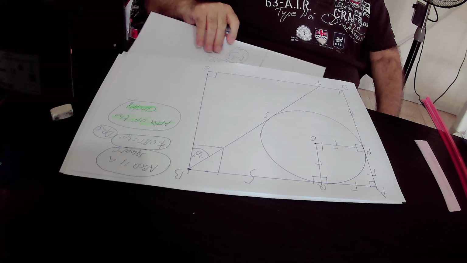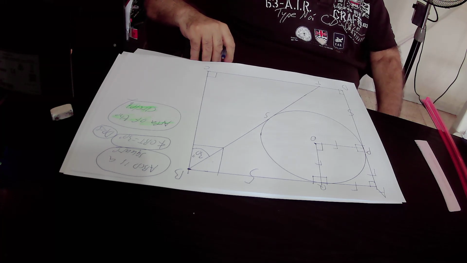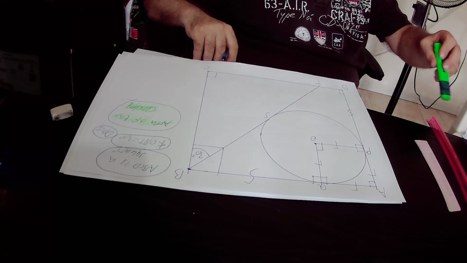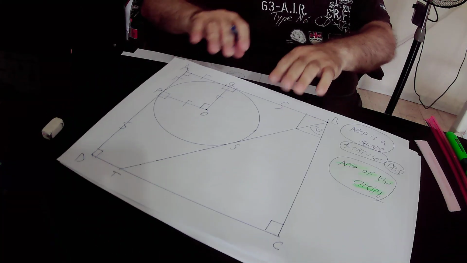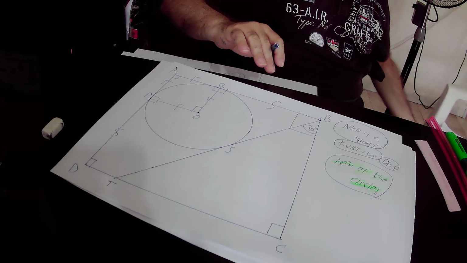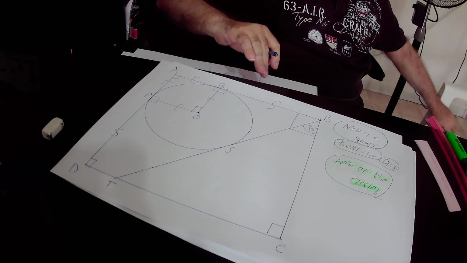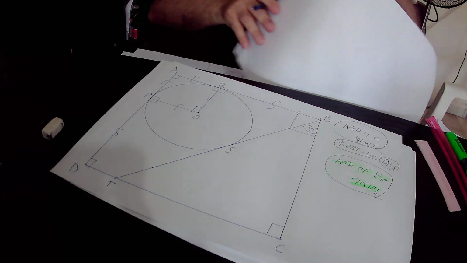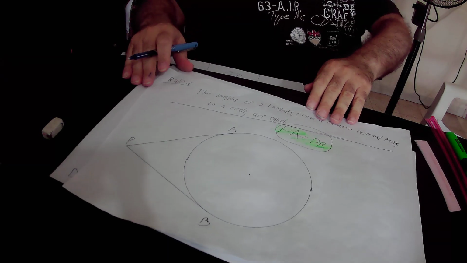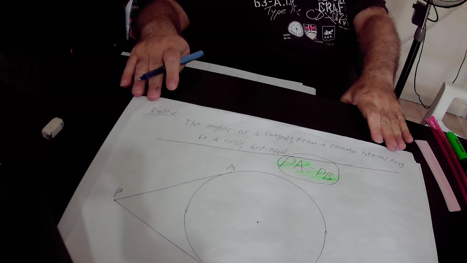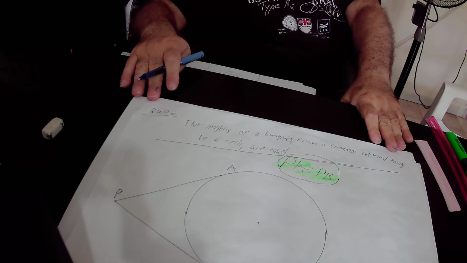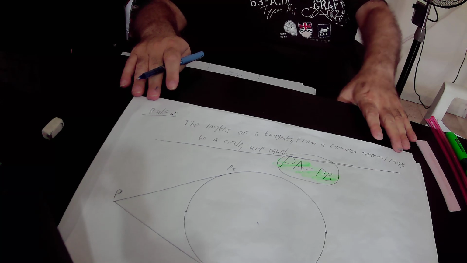In the next step, I will present to you rule number 2, and we will implement rule number 2 in our drawing. According to rule number 2, the lengths of two tangents from a common external point to a circle are equal.